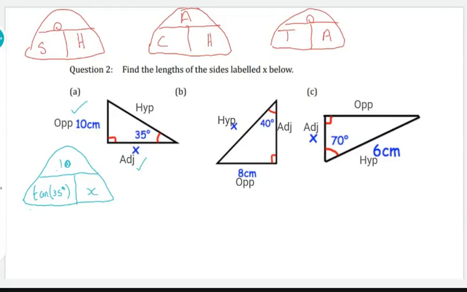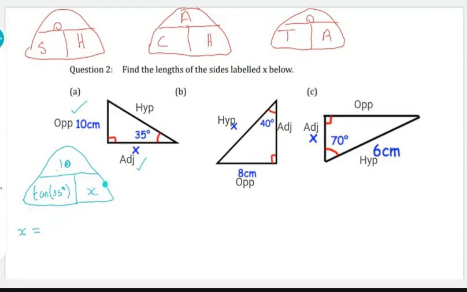Are you familiar with formula triangles? Yeah. Cool. So if I say X equals, from that formula triangle, what can we say X is equal to? 10 over 35. Yeah, 10 over what, sorry? 35. Not just 10 over 35, but 10 over tan 35.